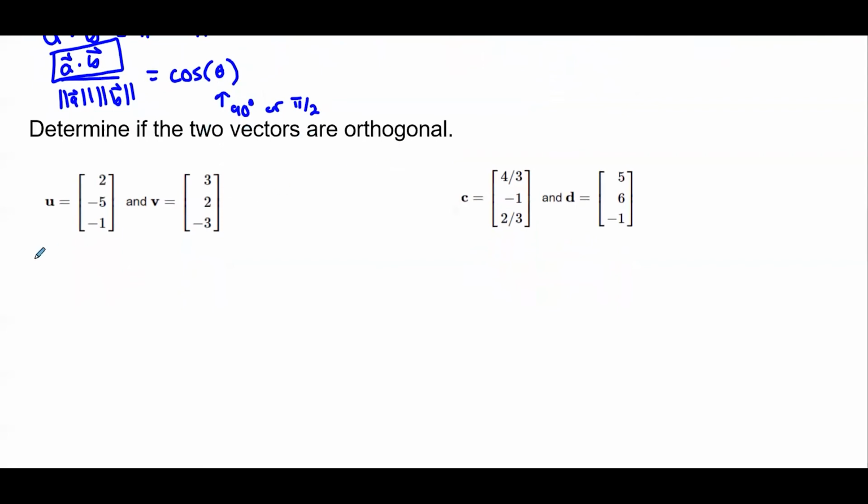So let's see if these two vectors are orthogonal. These are the same two vectors we've been using. We're just going to take the dot product, u dot v. I think we did this already. I don't remember what it was, so we'll just do it again.